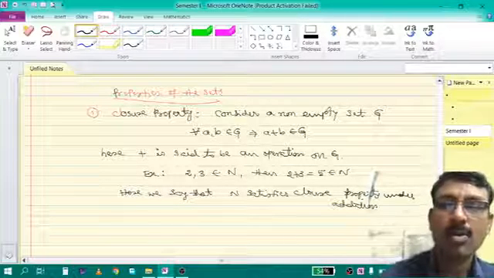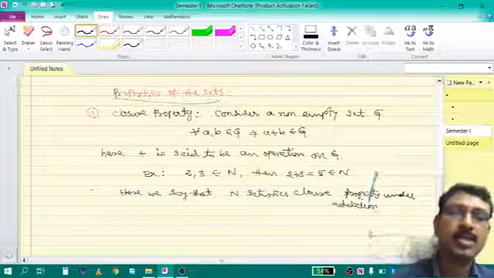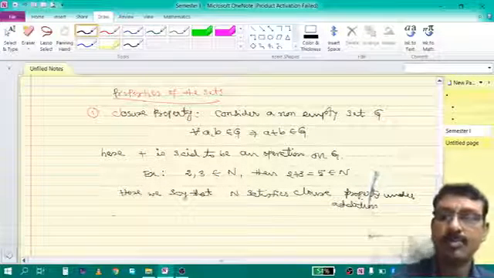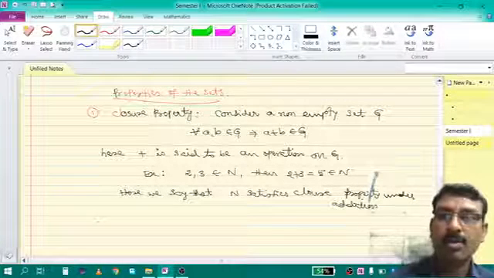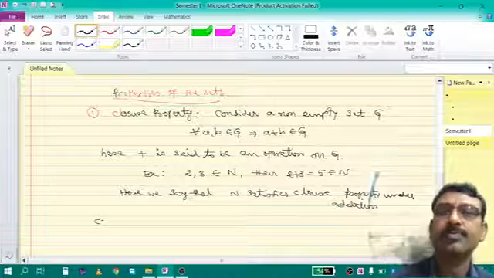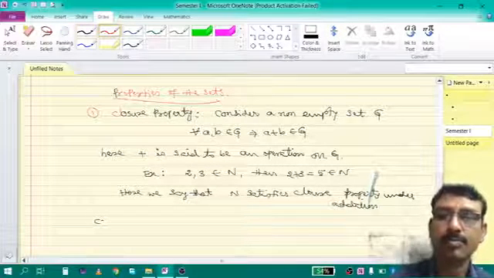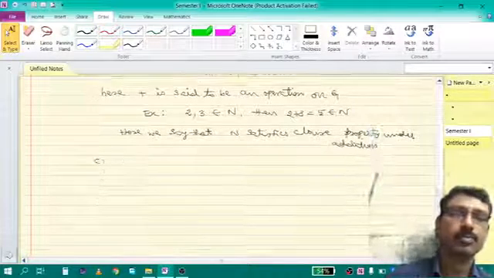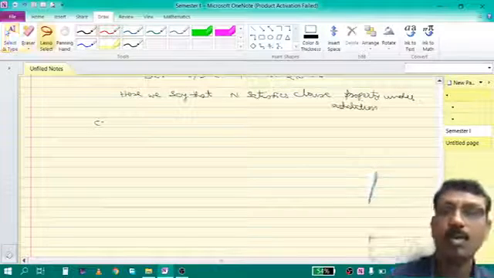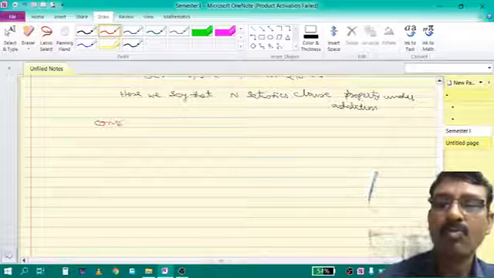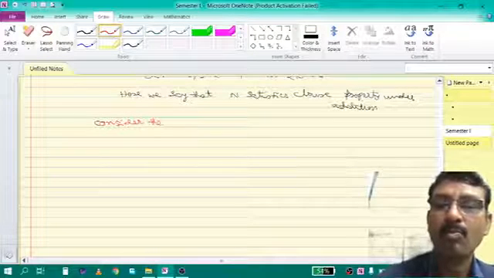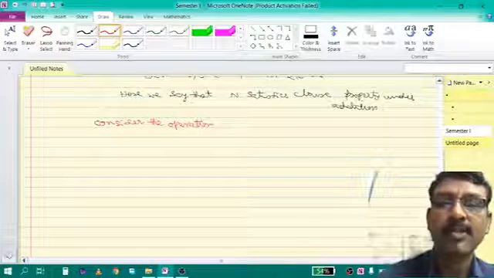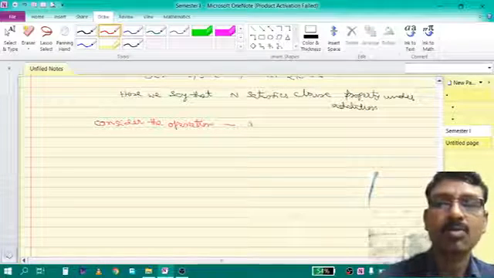Similarly, we can change the number set and also we can change the operation. For example, consider the operation subtraction, minus.